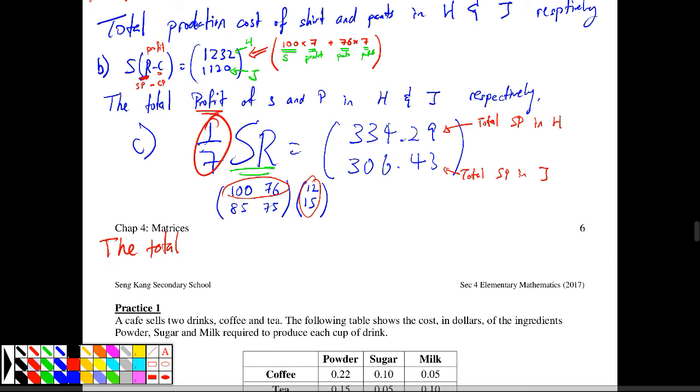Total selling price of shirts and pants in a particular week.